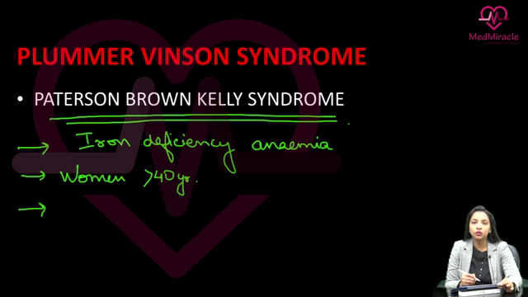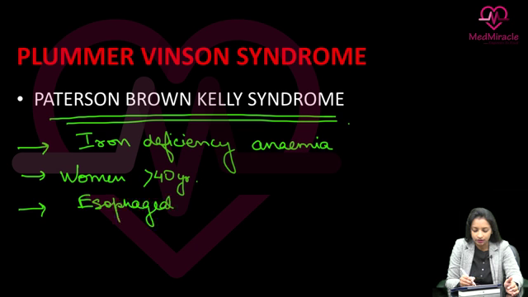What are esophageal webs? These are ledge-like projections that occur from the mucosa, and these can cause partial obstruction of the esophagus. So as a result, there is formation of esophageal webs. This can lead to dysphagia.